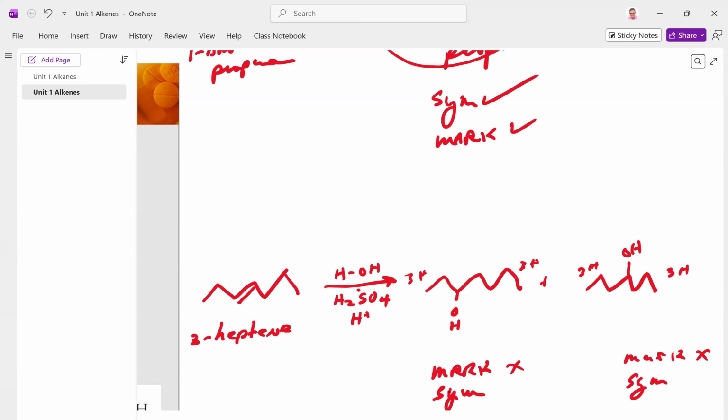Hence it's more stable. So by using those together, you can usually figure out which is more symmetric. Sometimes it's really hard. The more complex the molecule, the harder it is. And if it's on a test, if it's a complex molecule and you get it wrong, I'm not going to ding you for it. If it's a simple one though, yes, you need to make sure you understand the concept of symmetry.